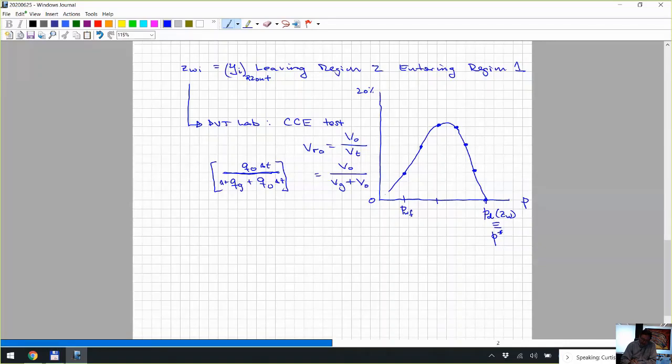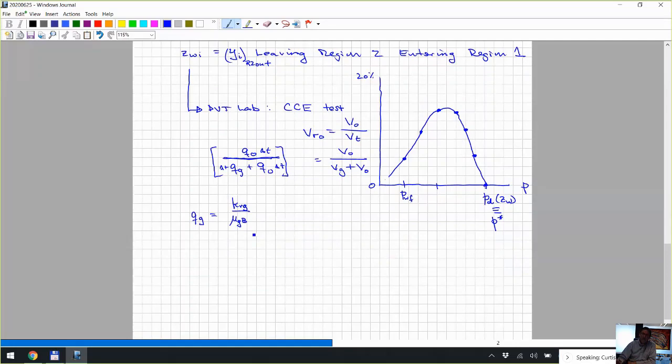Now the question is, what is QO and QG? QG is basically KRG over mu GB. We're not talking about surface rates. We're talking about local reservoir rates. So this is not QG hat, it's not a surface rate. And QO is basically KRO over mu O. I don't know what I wrote B here for.